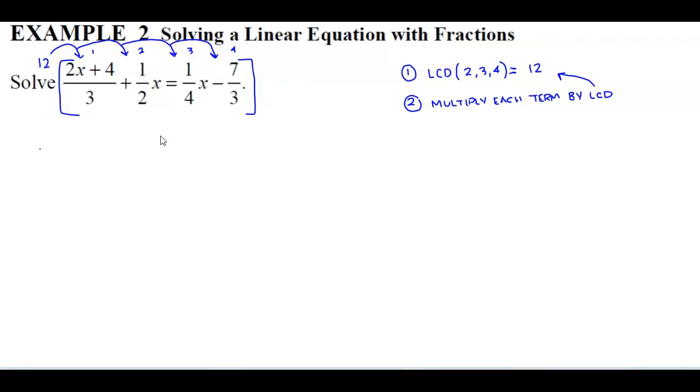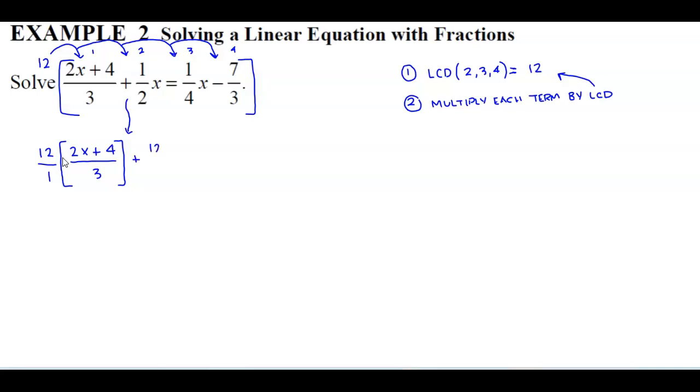So the second step is going to be 12. All right, and then we're going to multiply that. And we're going to leave it as brackets because brackets is the same thing as multiplication as parentheses. So we're going to have 12 times 2x plus 4 over 3. Now my recommendation is you can write this 12 over 1 just to see that you're multiplying two fractions. Then we have our plus.